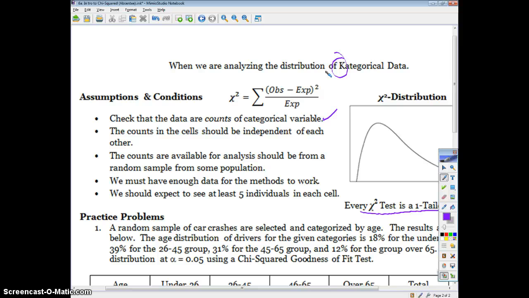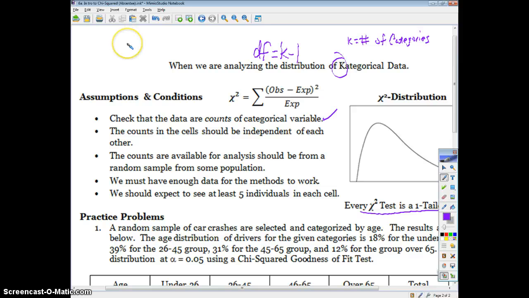When we eventually get to it, the degrees of freedom is equal to k minus 1, where k represents the number of categories. So that's why I spelled categorical with a K.